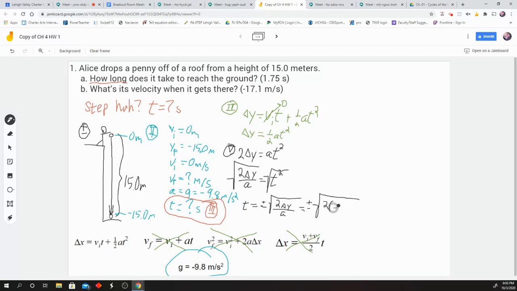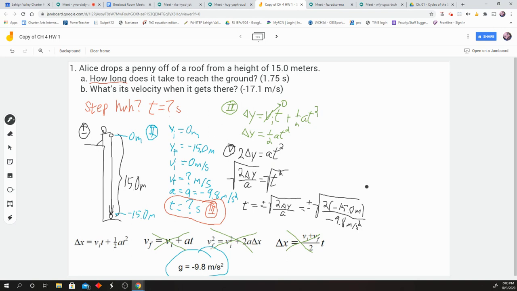So this will be minus 15.0 meters, and all of this gets divided by a. And a is g, so it's minus 9.8 meters per second squared.